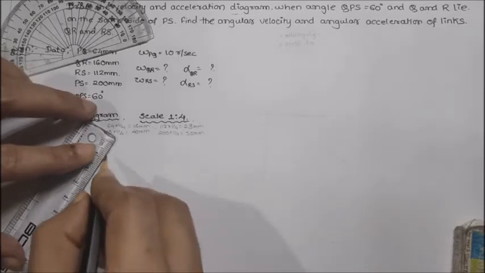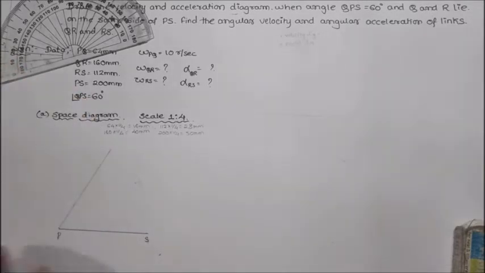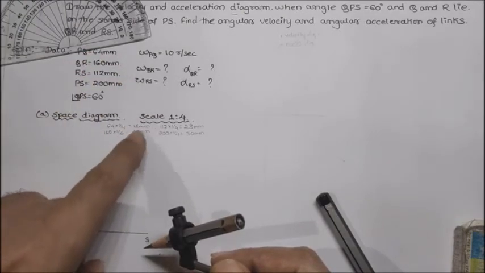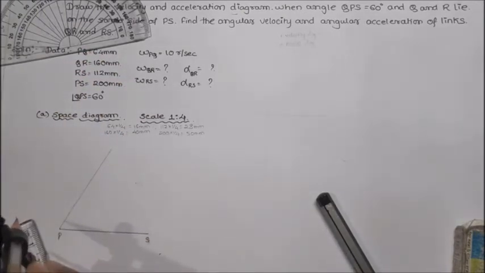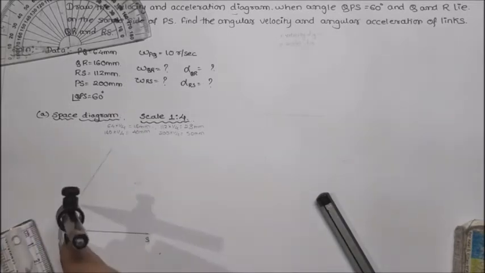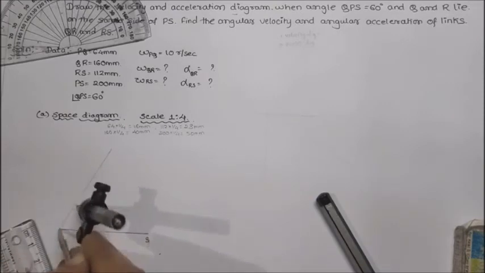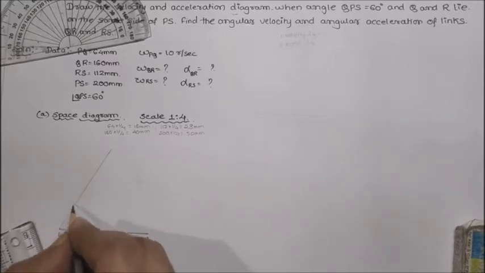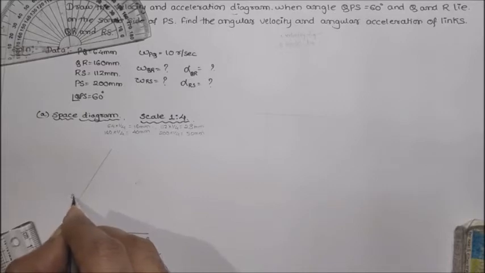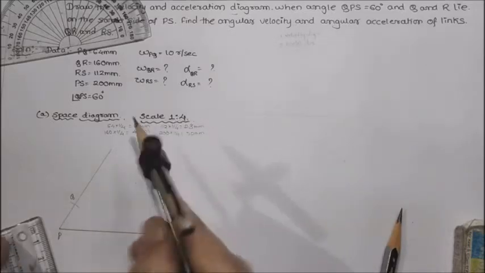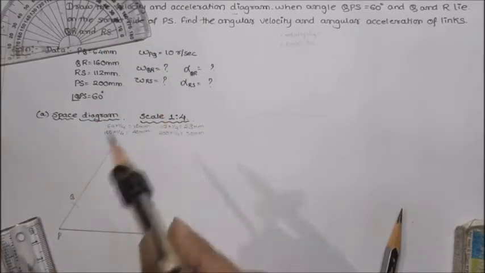Then cut an arc equal to PQ. PQ equal to 64, which is 16 mm. Measure an arc length equal to 16 mm, keep it at point P, then cut. Label that one as Q, and from Q measure QR equal to 160 mm, which means 40 mm.